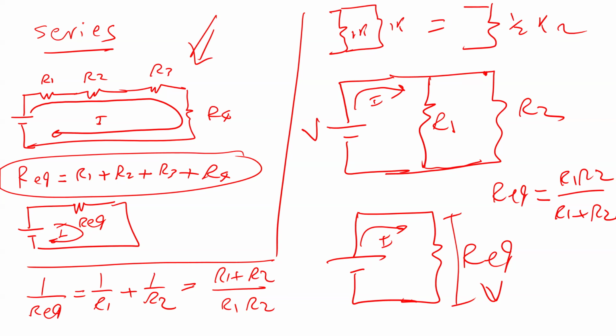You can make it from 1K ohm. How? You connect 1K and 1K in parallel, so this will act like half K ohm based on this formula. This formula, by the way, is general for any number of resistors, but this one here is only for two resistors.